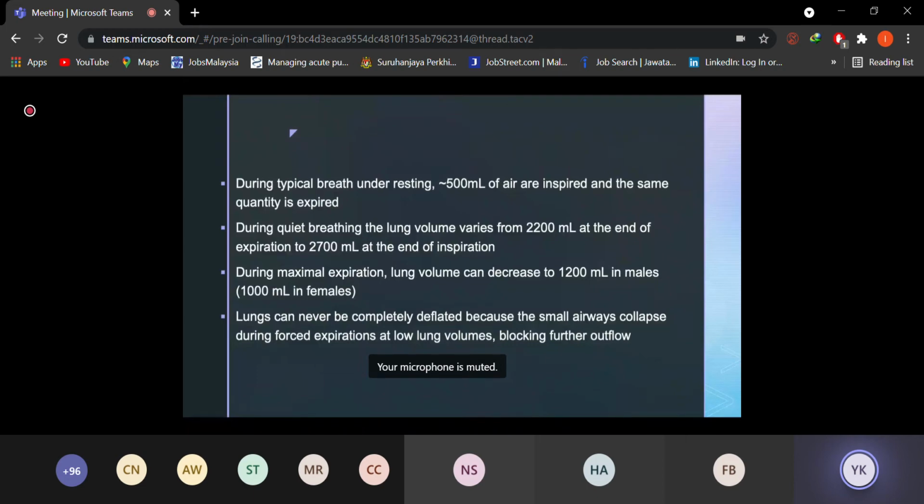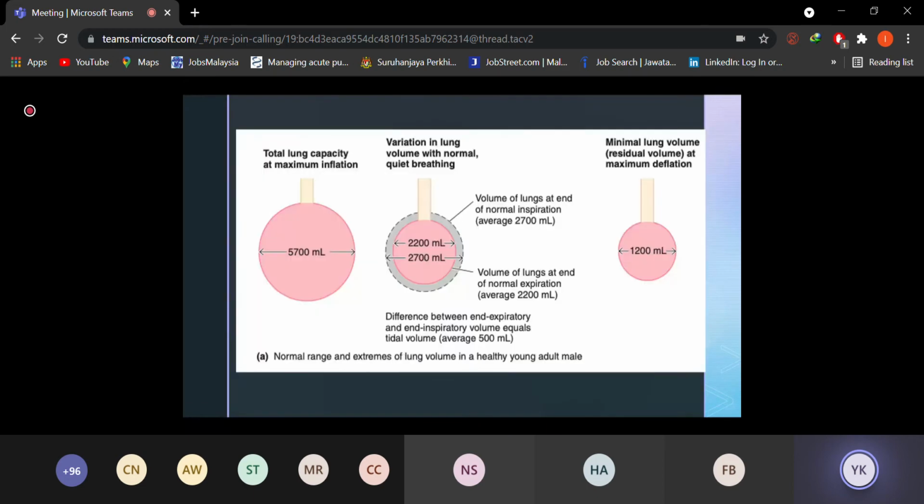Your total lung capacity at maximum inflation is about 5,700 mL. In normal breathing, when you breathe in, it is about 2,700 mL of air, and when you exhale, it is about 2,200. If you subtract, you get 500: 500 moving in, 500 moving out.